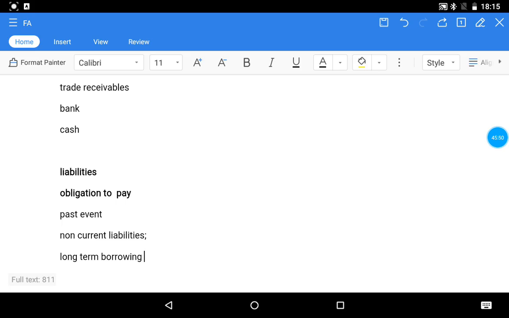We have deferred tax. Deferred tax arises between tax expenses recorded in the financial statement and actual taxes payable to authorities.